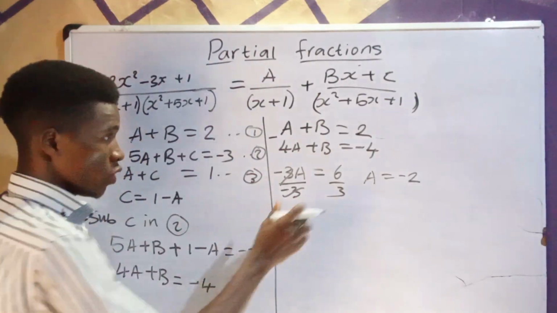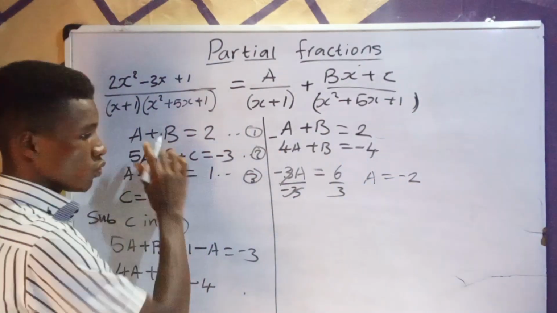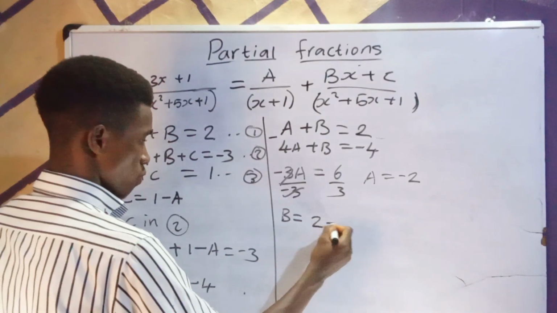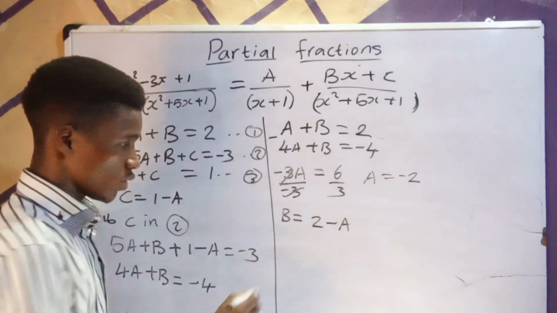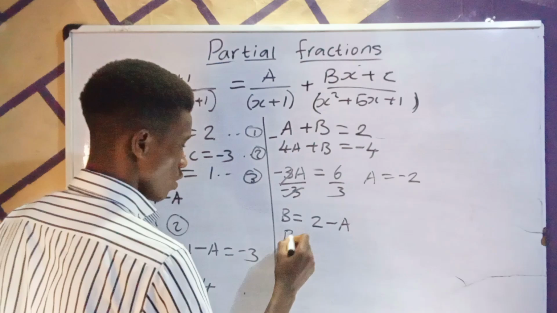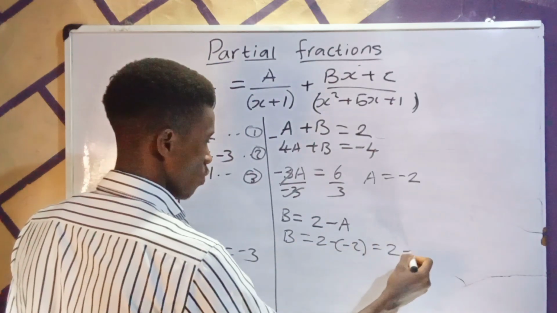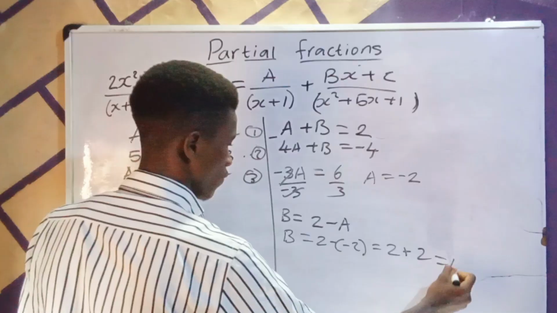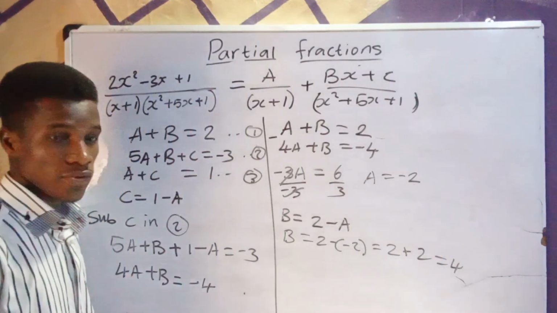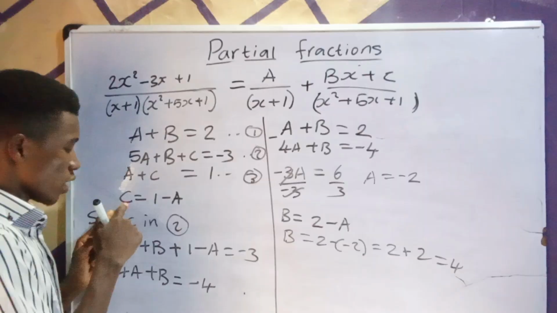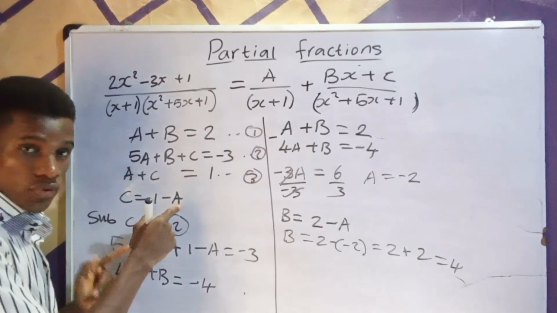A is minus 2. So if we substitute A as minus 2 here, we see that B is equal to 2 minus A, right? So we have B equal to 2 minus minus 2, which is 2 plus 2, which is 4. So we now have the value of B as 4 and the value of A as minus 2. So if we come back to our equation here, we can easily get the value of C because we already know the value of A now.